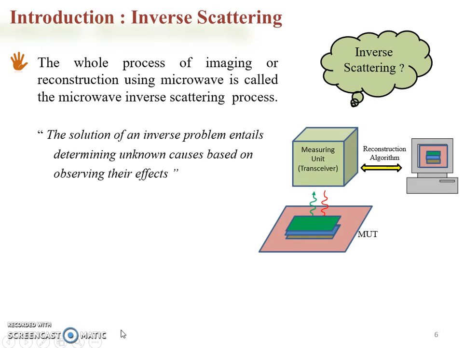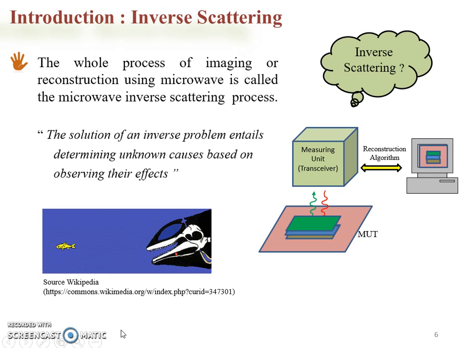Consider a transceiver system where an EM wave is transmitted and you receive information back in terms of scattering parameters. Those scattering parameters and coefficients are used in the reconstruction algorithm to construct the equivalent image.